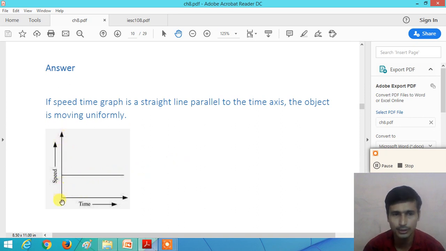When the velocity time graph, or we can say the speed time graph, is a straight line parallel to the time axis, the object is moving with uniform speed, with constant speed. So this type of motion is known as the uniform motion, right?